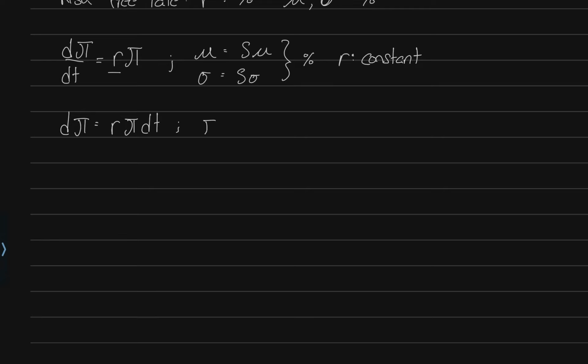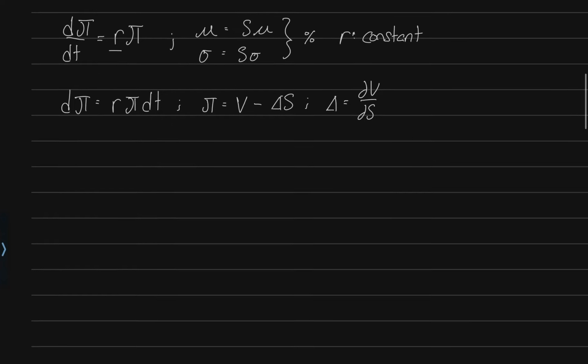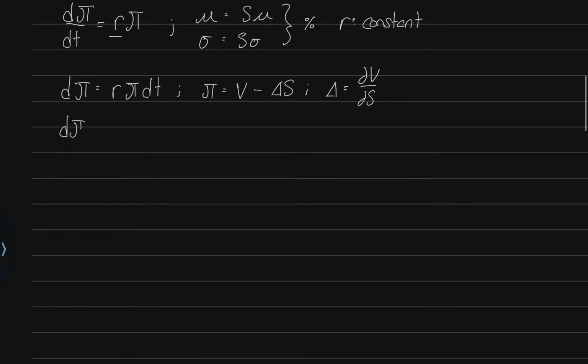And we said that pi is going to be our V minus delta S, a delta amount of S, where our delta is going to be the partial derivative of V with respect to S. Now we can plug this in, and now we'll have d pi is equal to the risk-free rate times V minus the partial derivative of V with respect to our stock price, and that's going to be multiplied by our S, and we're going to multiply that by dt.